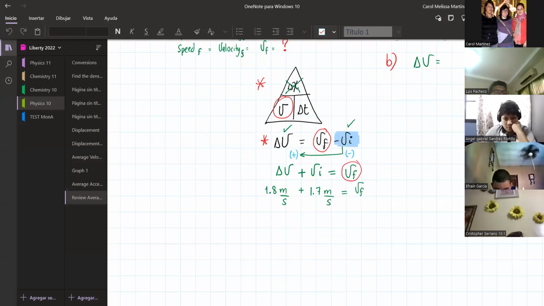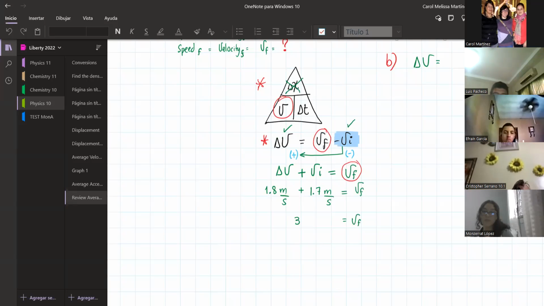How much is this? 3.5 meters per second. You can write the answer like this or like me. I prefer to write VF on the left, which is the part that I want to find, and I like to write the definition on the right side.